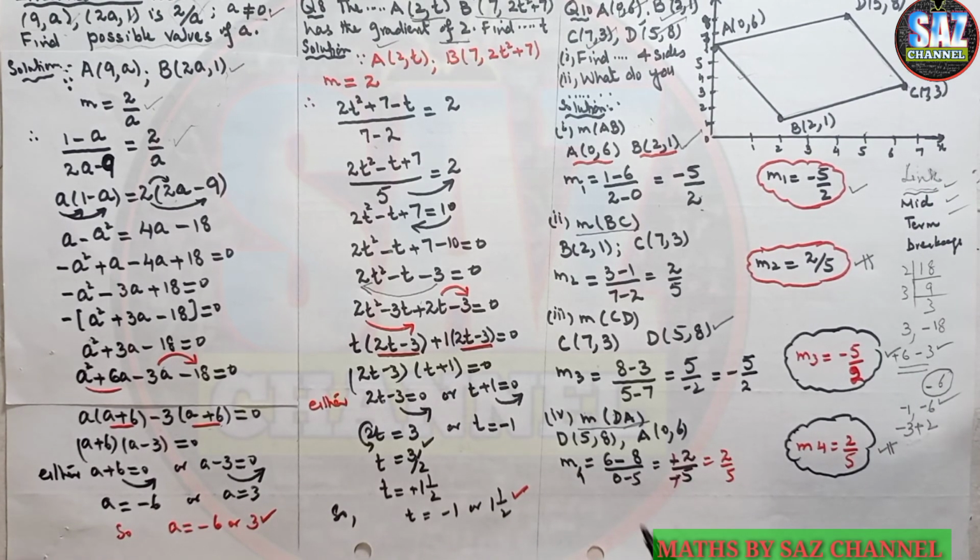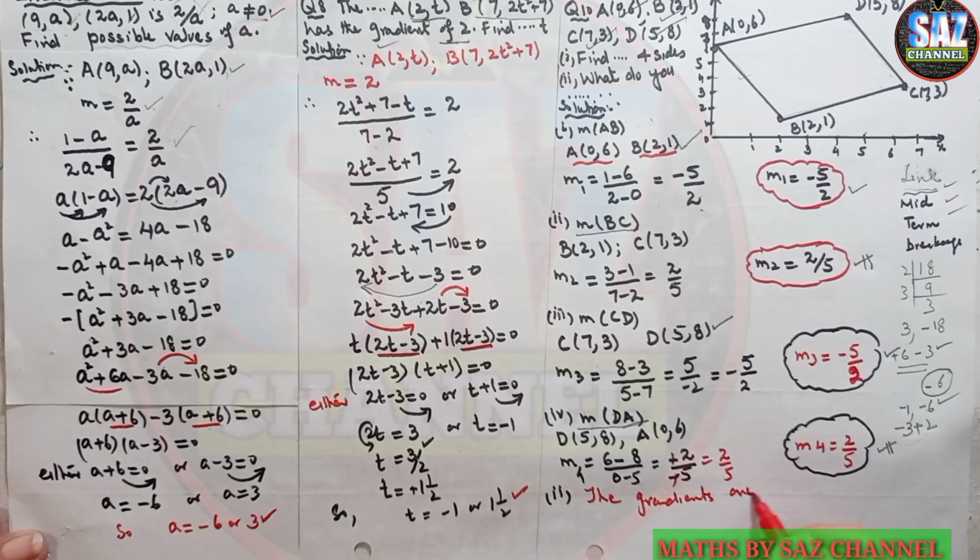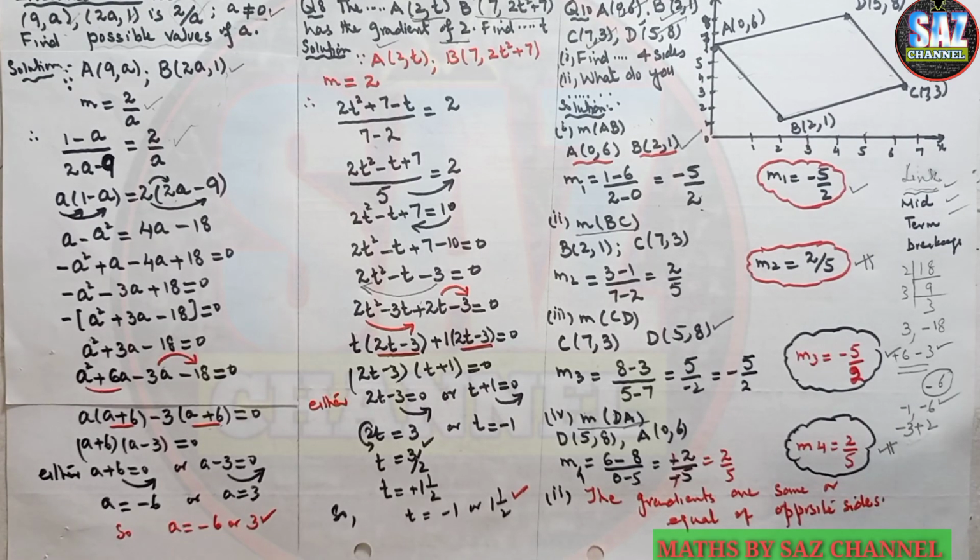So what we can conclude from this whole discussion is that the gradients of opposite sides are same or equal. It's really important that you give the conclusion in your exam as well. So try to learn and practice these questions well before the exam.